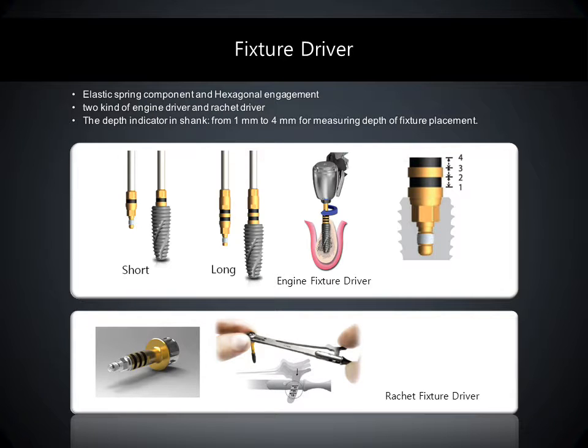According to length, there are short and long fixture drivers. The depth indicator on the shank is marked from 1 mm to 4 mm for measuring the thickness of soft tissue and the depth of fixture placement from the marginal bone.